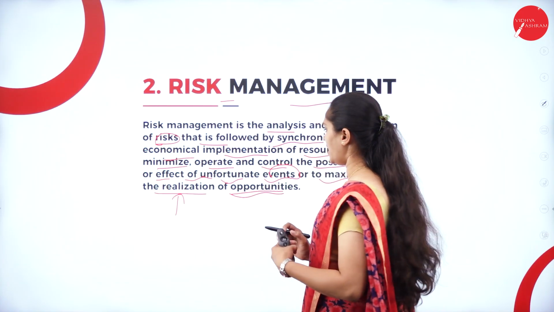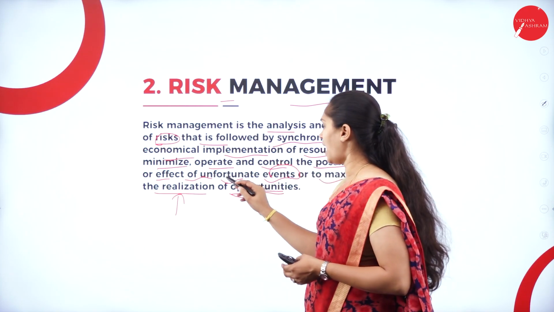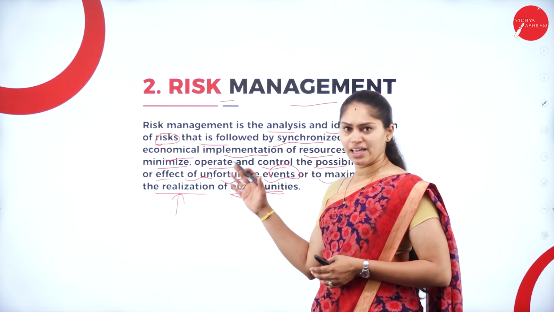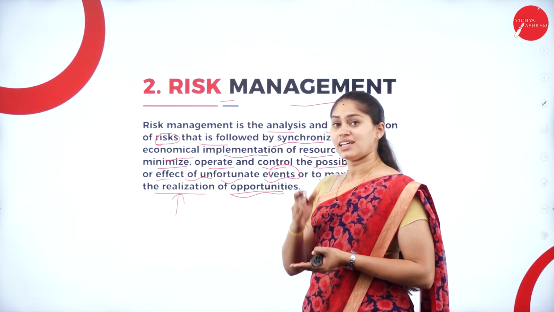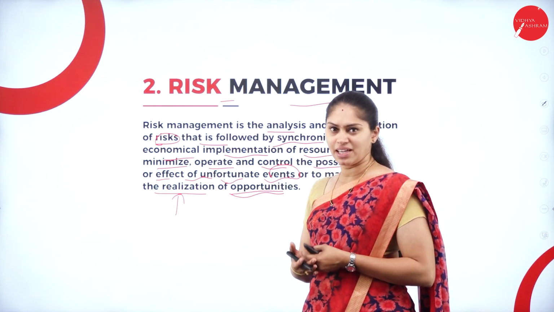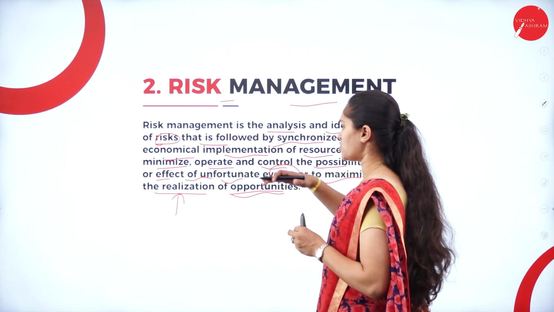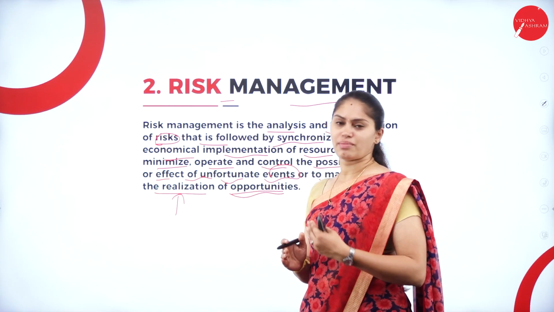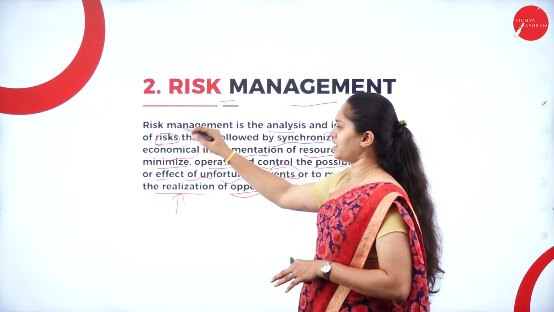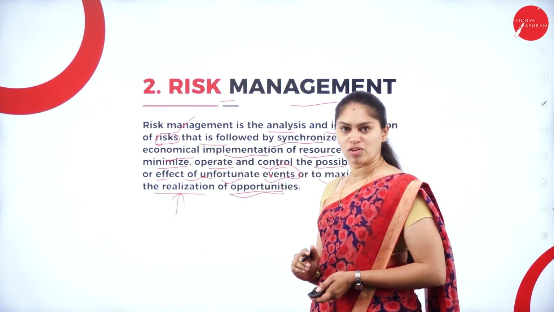It should minimize or reduce the unfavorable or unfortunate events. The effects that will happen after that unfavorable event need to be borne, so first we have to minimize all those things. If the risk is managed efficiently, then it is going to improve the performance of a project.